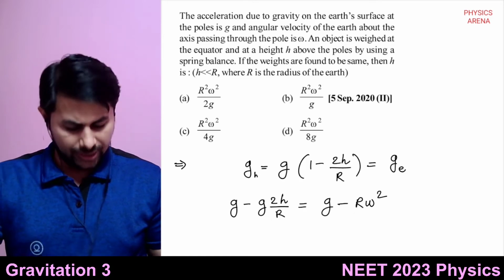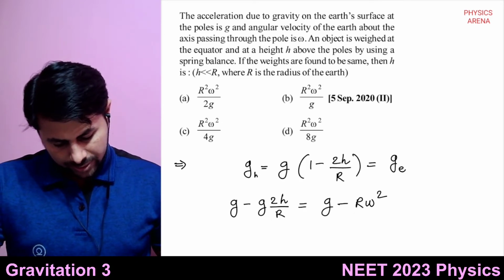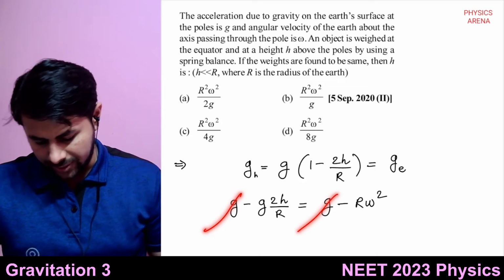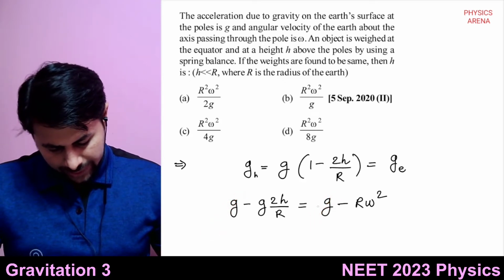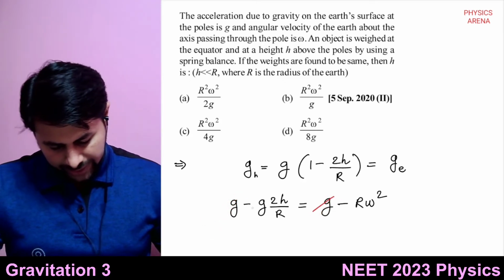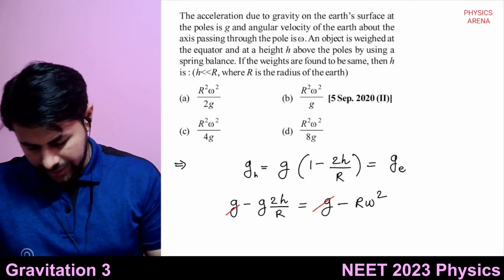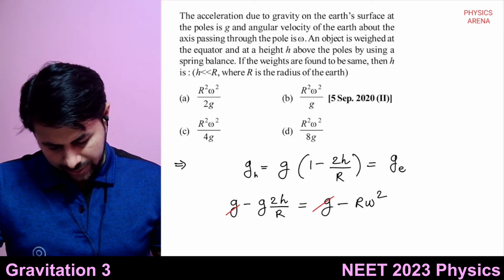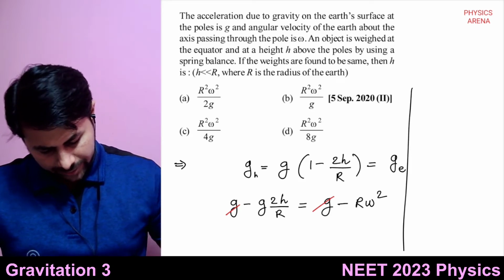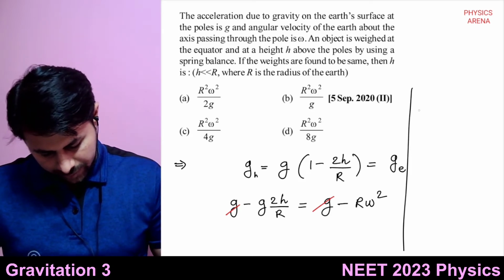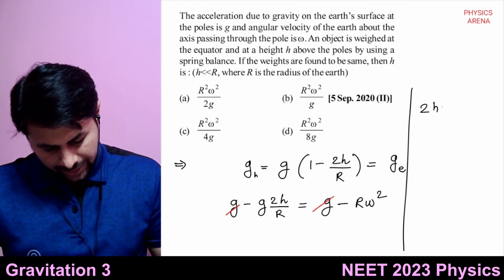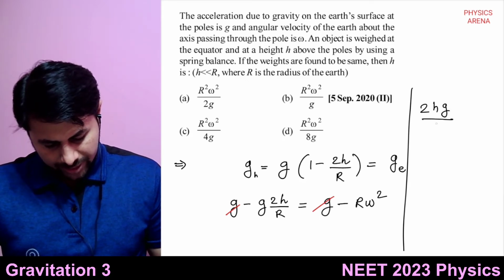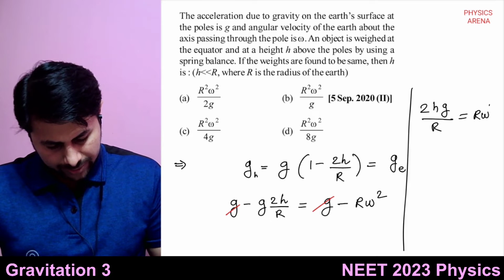We know this. So this G and G will get cancelled out. So we have 2 times h multiplied by g by r is equal to r omega square.